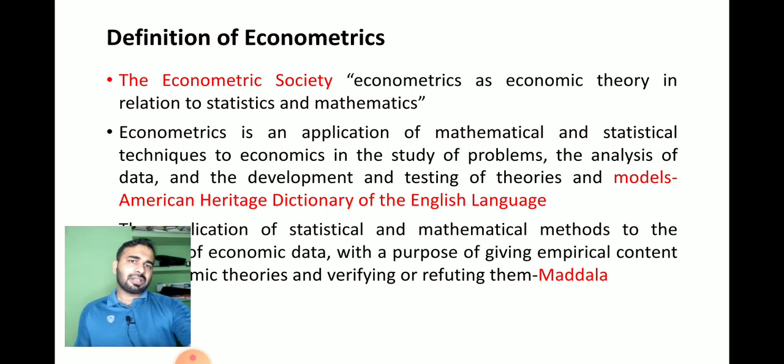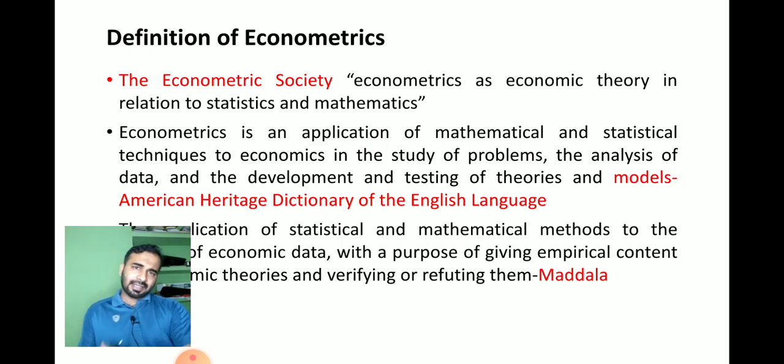The oldest definition was given by the Econometric Society. They defined econometrics as economics in relation to mathematics and statistics. This is the simplest definition as well as the oldest definition.